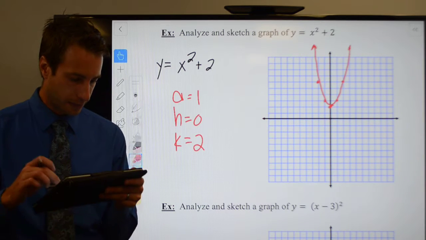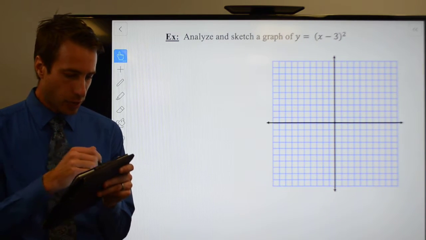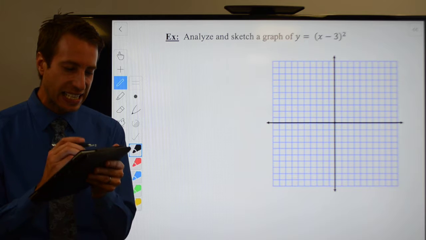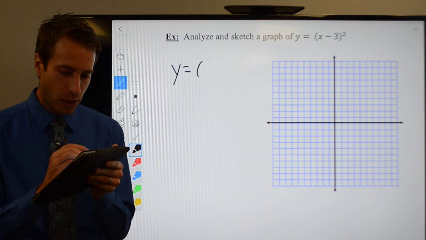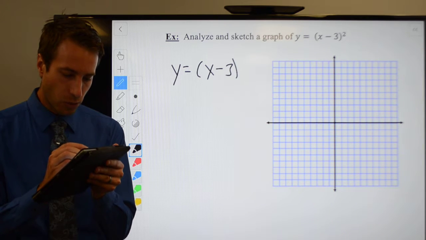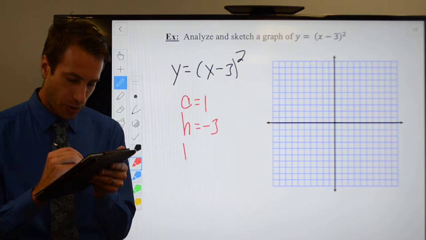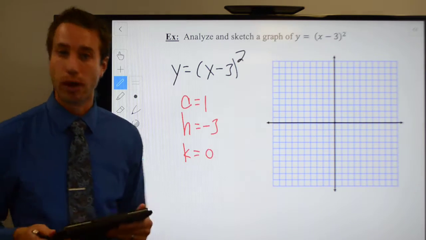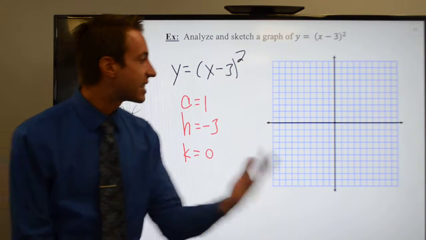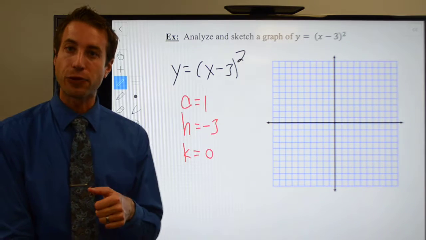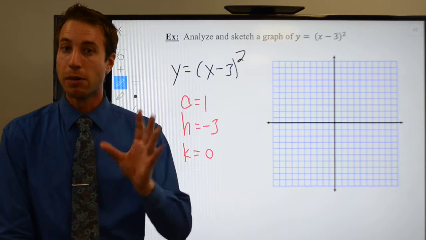Let's try another one. In this one, I should hopefully quickly recognize it is in vertex form. Once again, a is equal to 1, h is equal to negative 3, and k, I don't have one, so it's equal to 0. The h of negative 3 tells me that I have a horizontal shift, but it's the opposite.